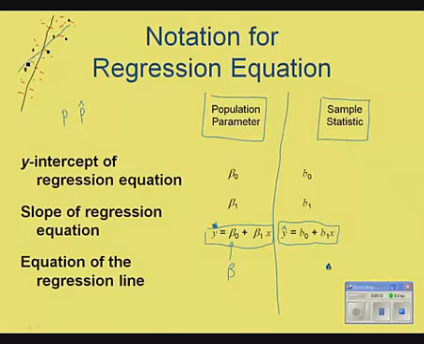Now, is the sample line close to my population line? Well, kind of. This is a very extreme example where it's worse than it'll usually be. But the idea is you're estimating the equation of the regression line for the population by using a sample. And we've been doing that. That's what statistics is.